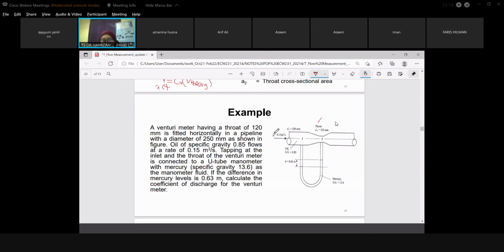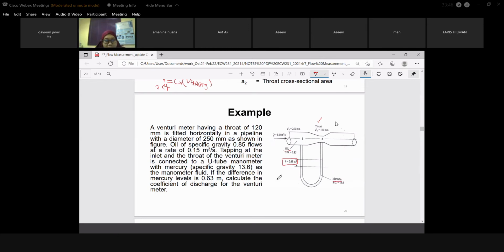Discharge Q is 0.15. Inside the pipe is oil, and inside the manometer of the venturimeter is mercury. Okay, the pressure difference is the H, 0.63 meter.